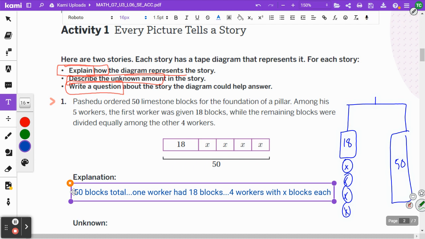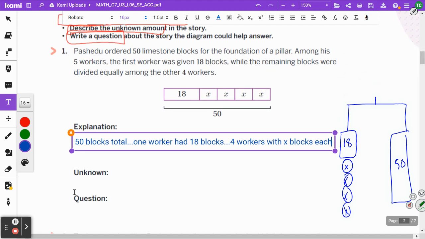It's similar in that they got 2 numbers written, 50 and 18. They got 4 unknown amounts, 4 unknown X's. But very different in terms of the hanger diagram shows a balance. One side is equal to the other. Tape diagram doesn't show a balance, but if you added up 18 and 4 X's, it's going to equal that total of 50. So there's some similarities here. There's some differences. I just wanted to show that.